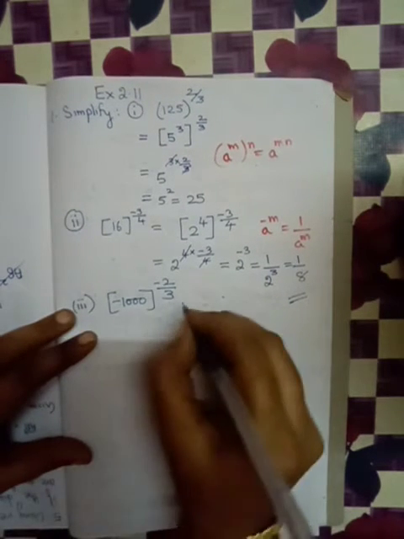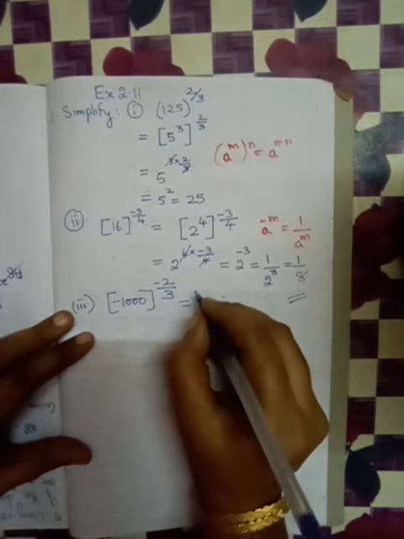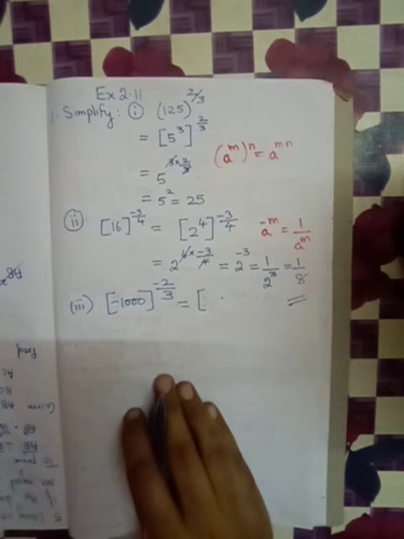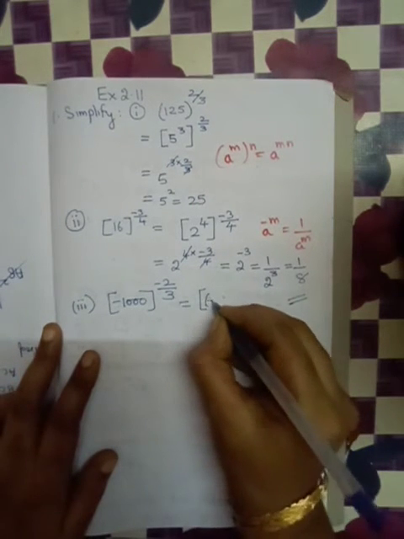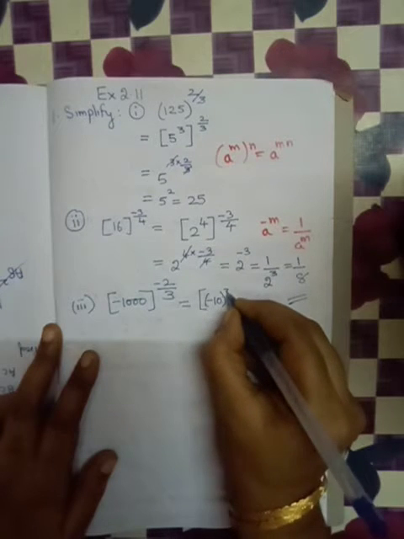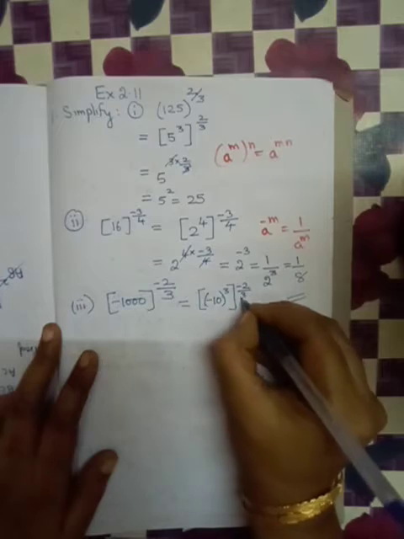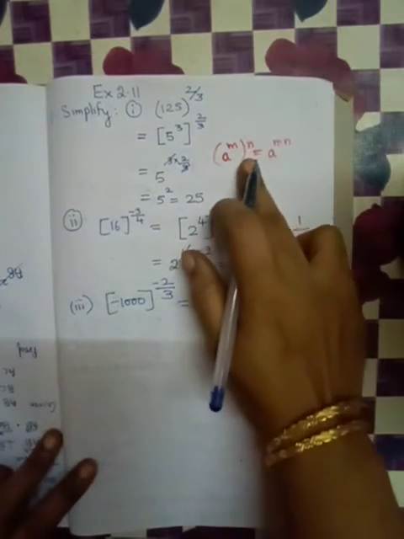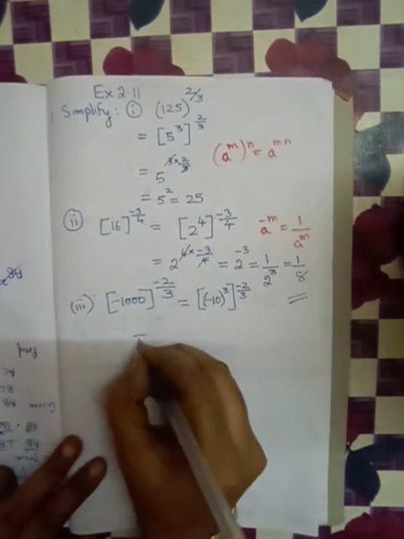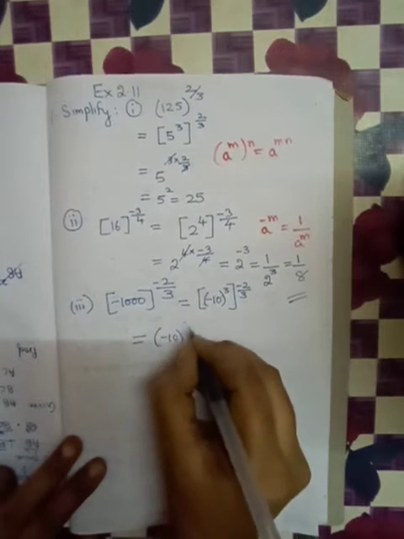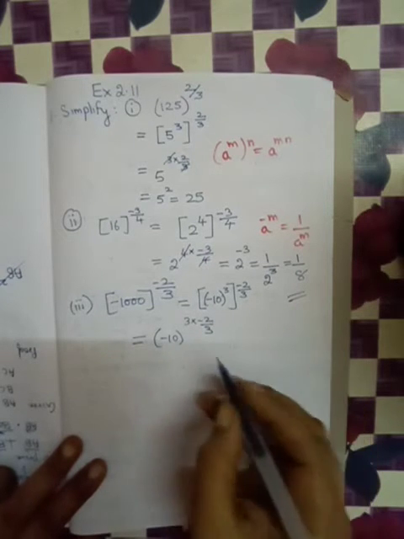So this I can write it as, in the denominator we have 3 in the power. So I have to think which number, if I multiply 3 times, I get minus 1000. So minus 10 to the power 3. Outside I have minus 2 by 3. So using these rules, I can multiply this power. So I will have minus 10 to the power 3 into minus 2 by 3.